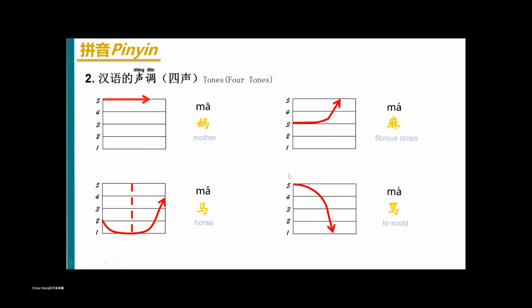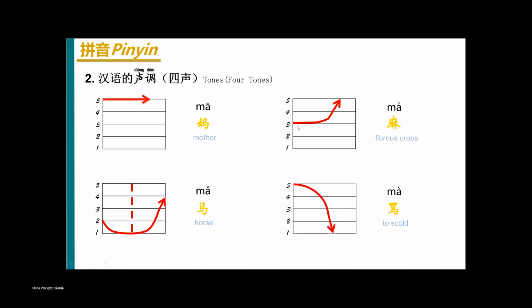It doesn't go up or down, just in a horizontal line. So for this example, the character sounds like ma, ma, ma. You see my tone just goes in a horizontal line.